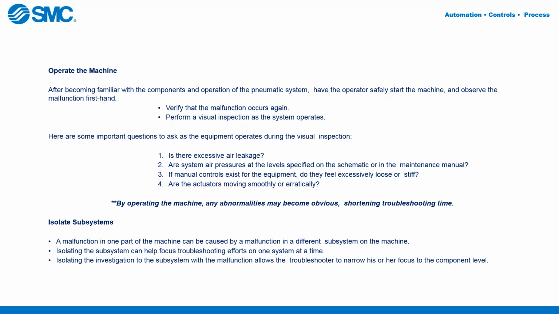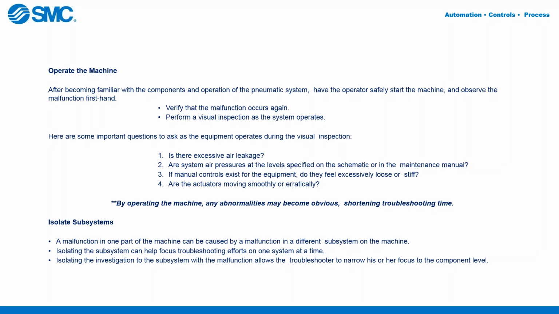Are pressure gauges holding steady, or are they bouncing around? Do any controls feel loose or stiff? Are actuators moving smoothly, or are there erratic motions? Is there the stick slip phenomena happening on pneumatic cylinders? Maybe if you're lucky, the abnormalities will be obvious and this troubleshooting time will be shorter.